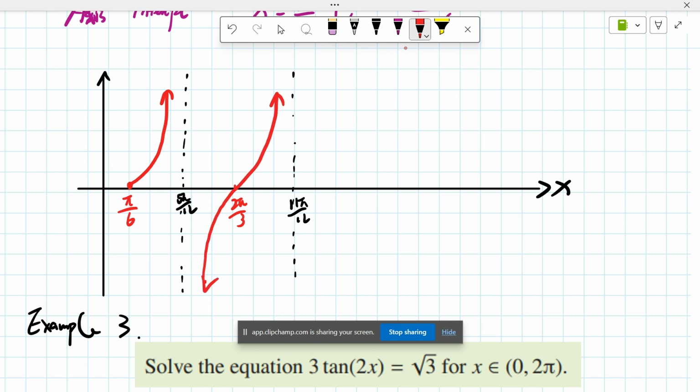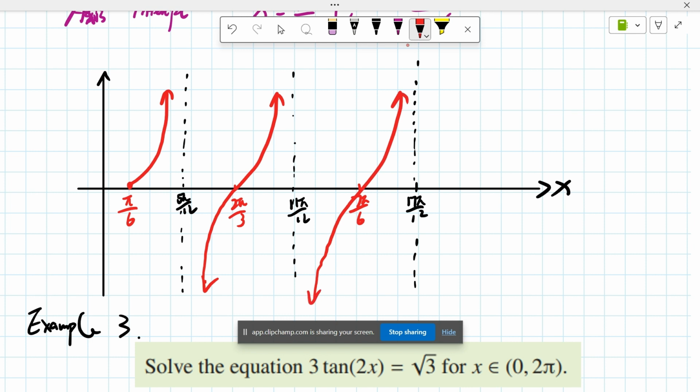Good job. And the next one, which is 7 pi on 6, and your asymptote becomes 17 pi on 12. So you just keep adding the half pi, because your period is half pi, so that's why you can just keep adding.